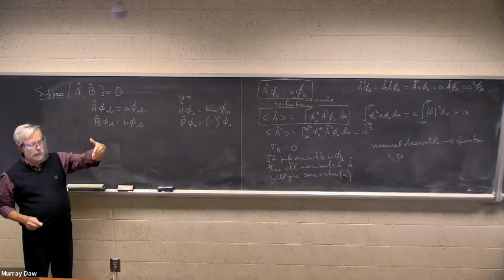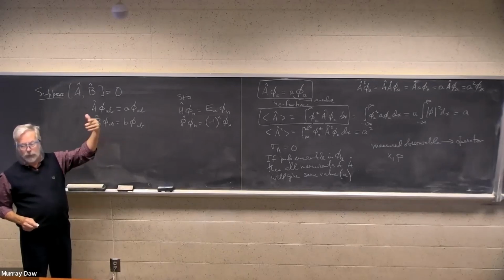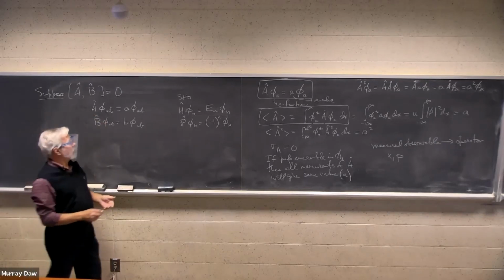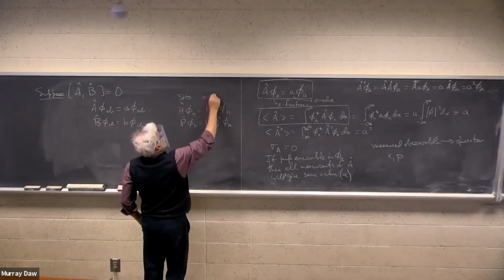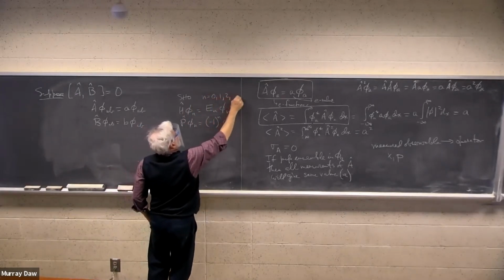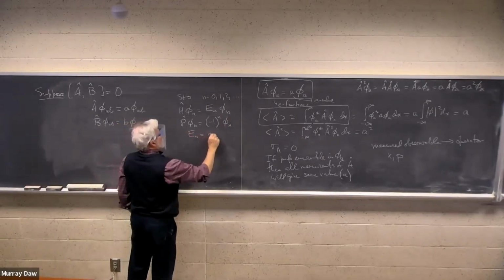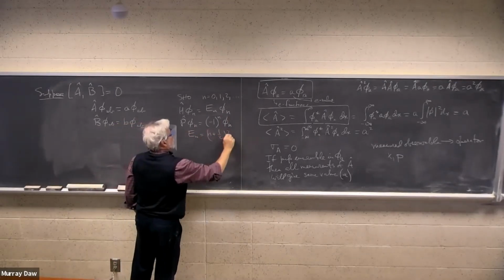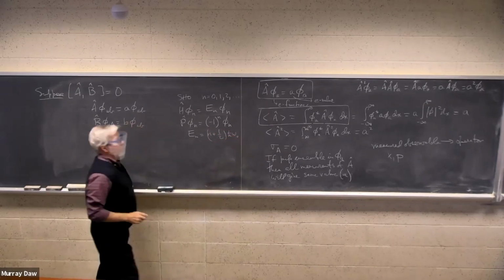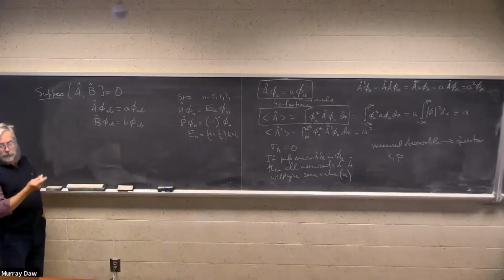It starts off even, the next one's an odd function, it's even again, odd. So n was going from 0, 1, 2, 3, and E sub n is n plus a half times h bar omega. Okay, so that's an example.